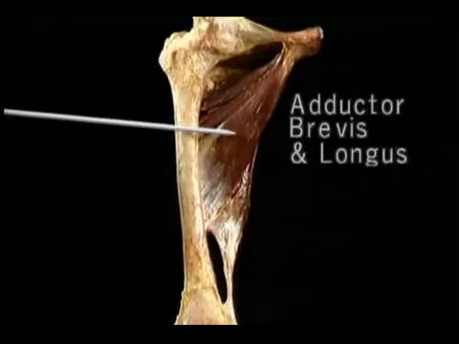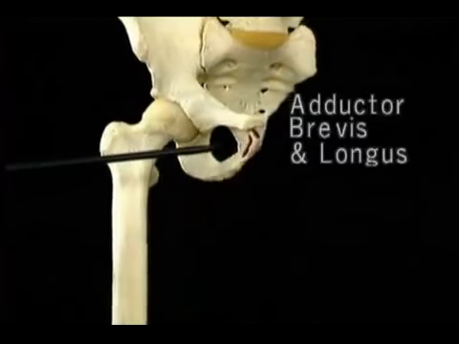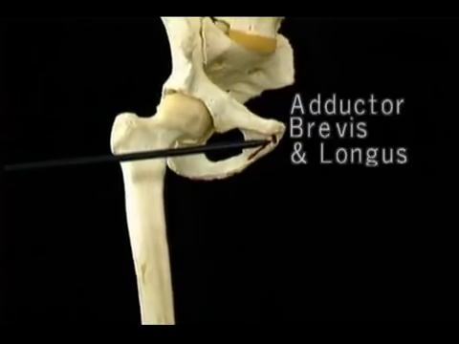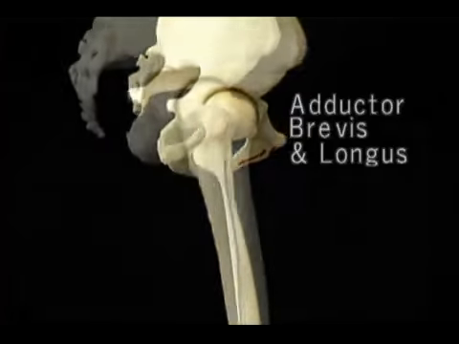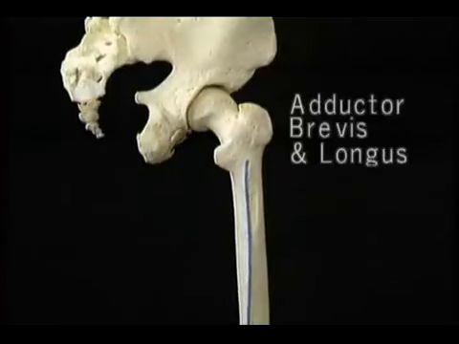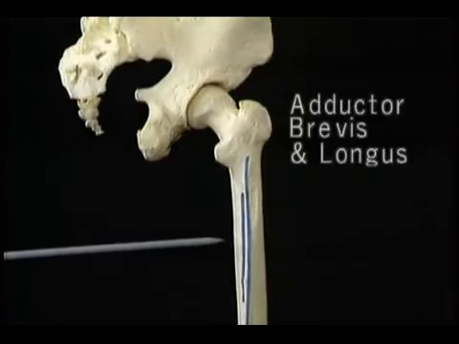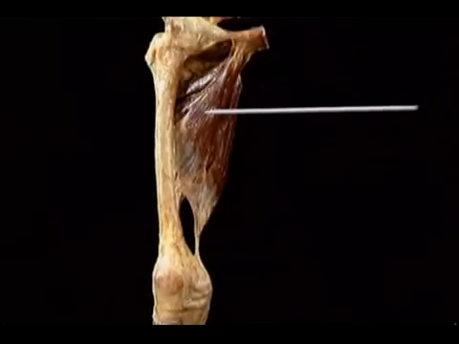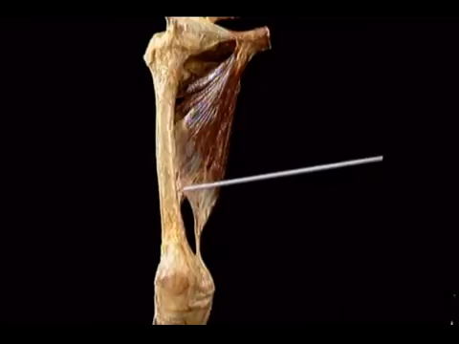Here's adductor longus. Brevis arises here on the body of the pubis. Longus arises here. They're inserted on the femur right next to adductor magnus, brevis above, longus below. The insertion of adductor longus stops just short of the adductor hiatus.